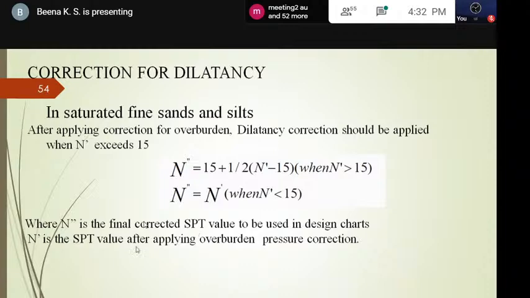If the value corrected for overburden pressure is greater than 15, the amount of the blow count greater than 15 is reduced by half. So when N is 15 or less, N double dash will remain N dash itself.